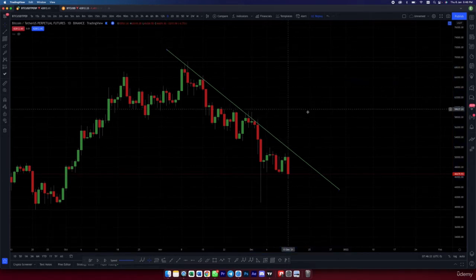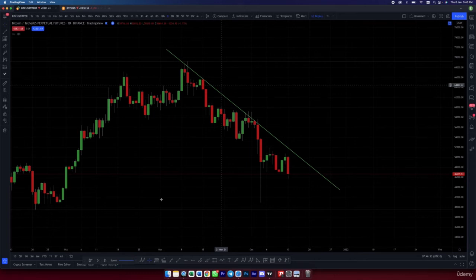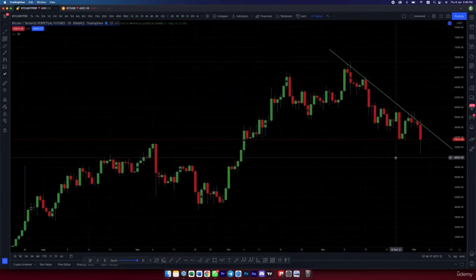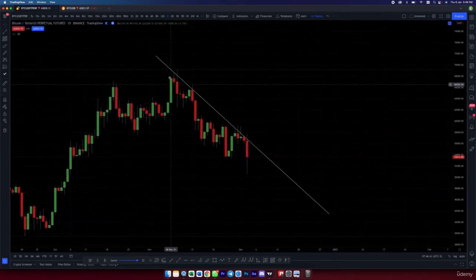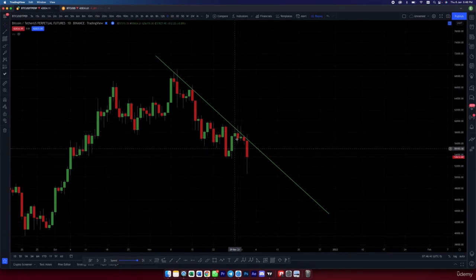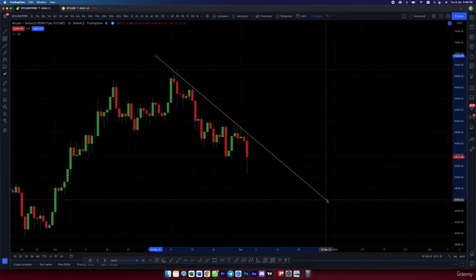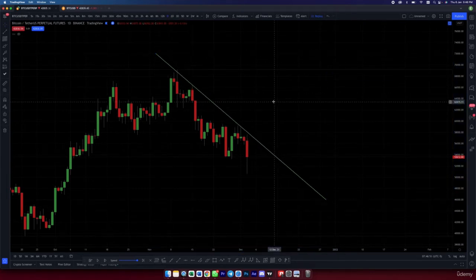That's what I have heard from most of the retail traders who trade resistances and supports. Let's go back further to give you the idea from both sides so that you can understand it better. Now if we see the price action right here, there are people who are shorting it right here whenever the price touches this line. You can even take it to the wicks, whatever you want. Like I said, some people draw it from the wicks, some from the candles.